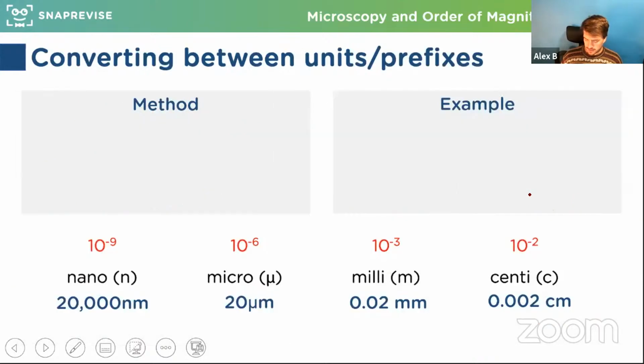Okay, so let's look at some conversions. We need to know what we multiply between to get between them. So yeah, method. By the right factor of 10.